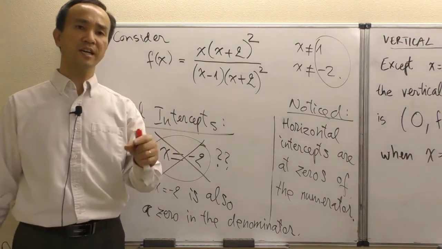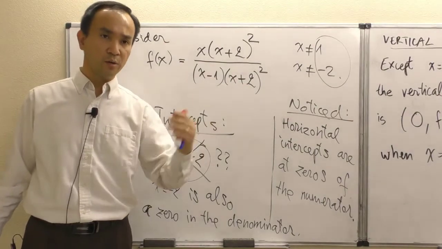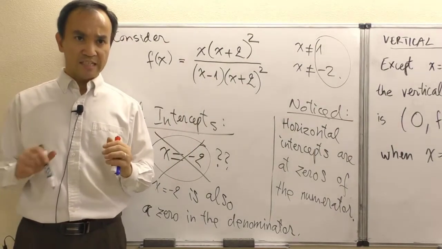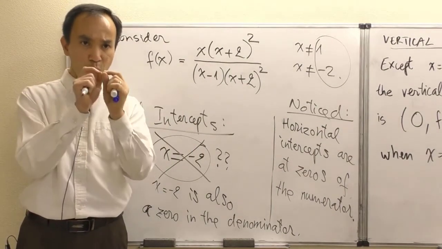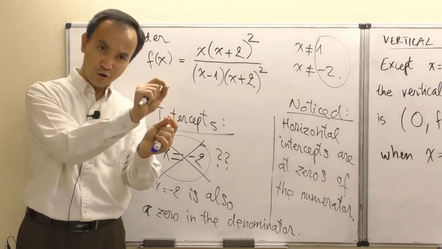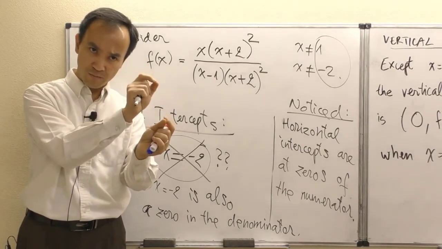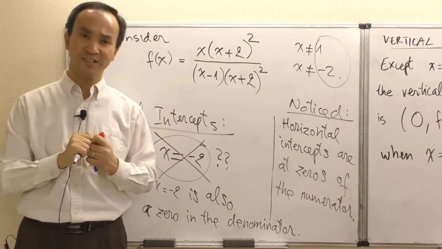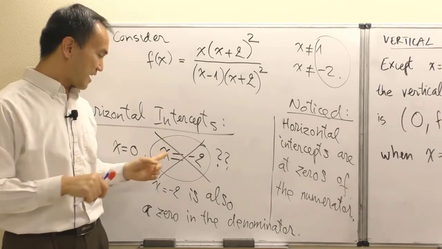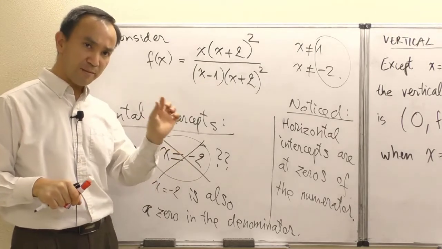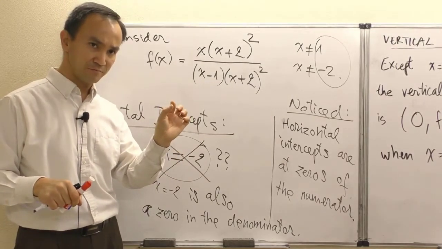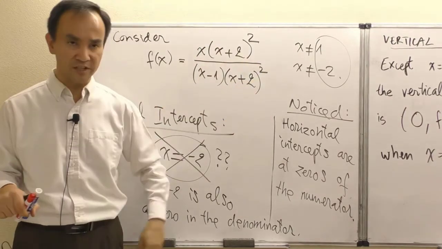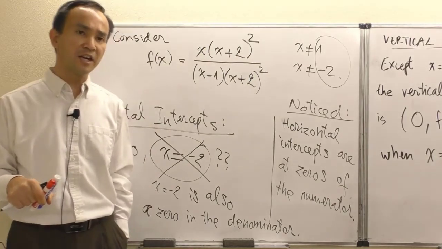We cannot take x equals negative 2 as a horizontal intercept, because the idea of a horizontal intercept is that the point needs to be a solid point on the graph, right on the horizontal axis. But at x equals negative 2, we have an empty point, according to what we learned previously, right before getting into finding intercepts.